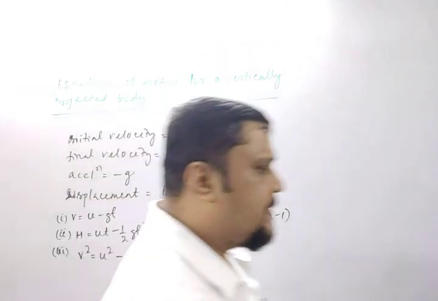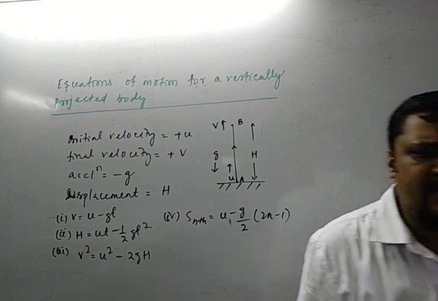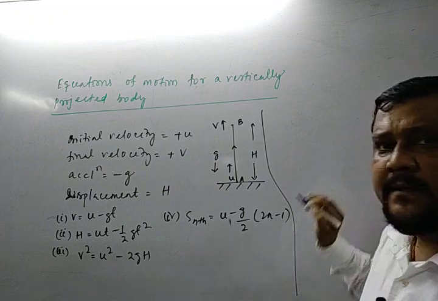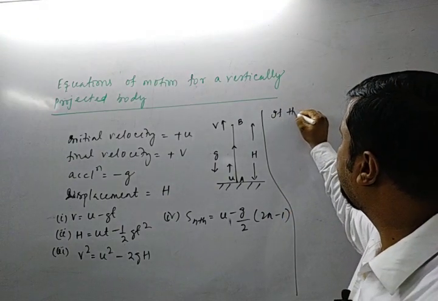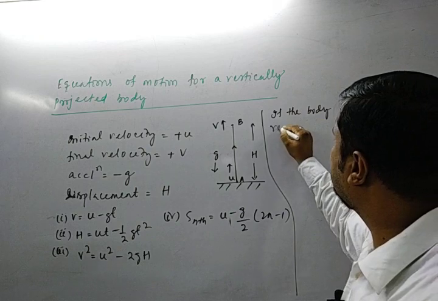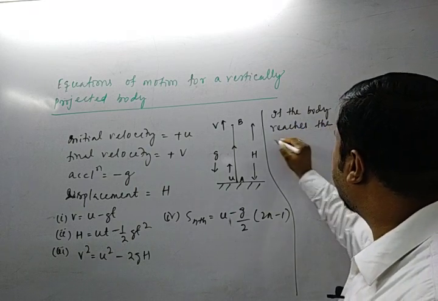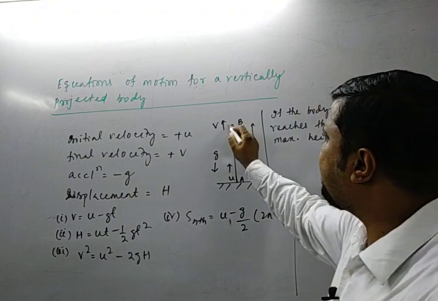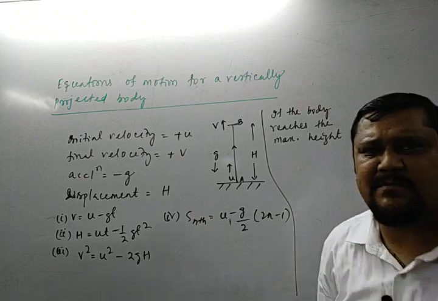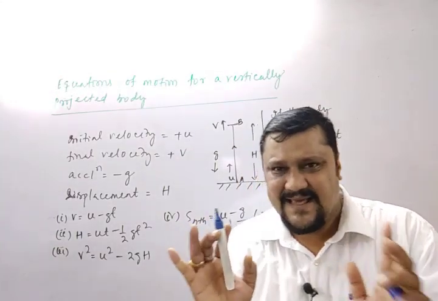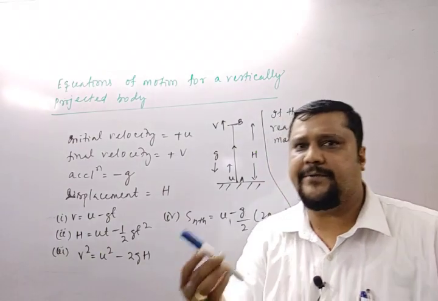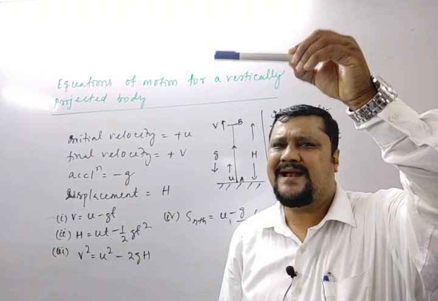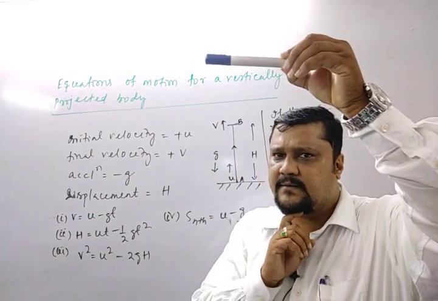During this motion, if the body reaches the maximum height, it means the body stops there. Think about this. If I throw a body, the body goes up, and at a certain height, are you doing something there?